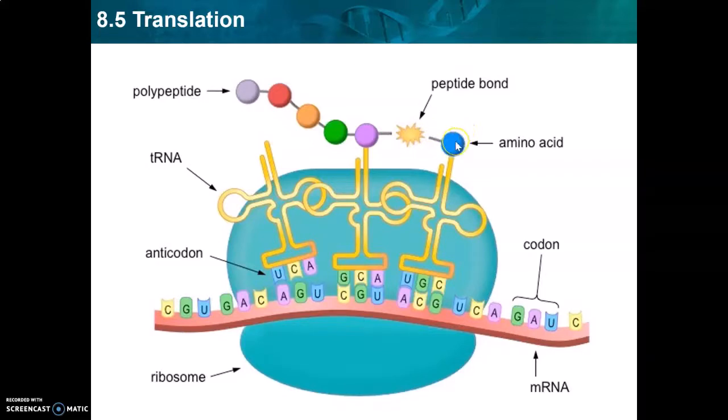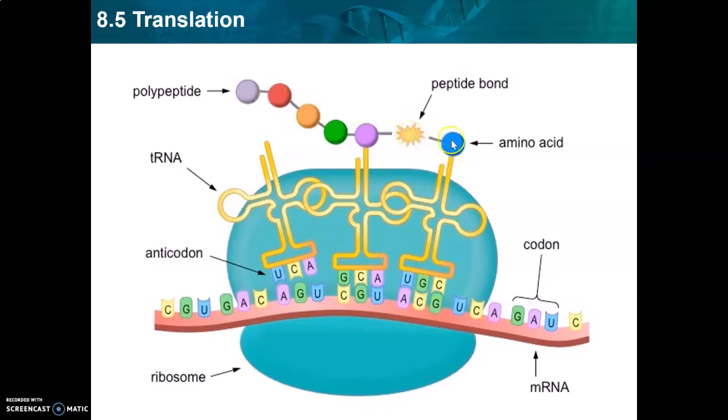And the correct amino acid is added because the anticodon only matches up with the complementary codon. So the tRNA with this amino acid always has this anticodon, which means it will only match up with this codon. And that's how we get the correct sequence of amino acids.